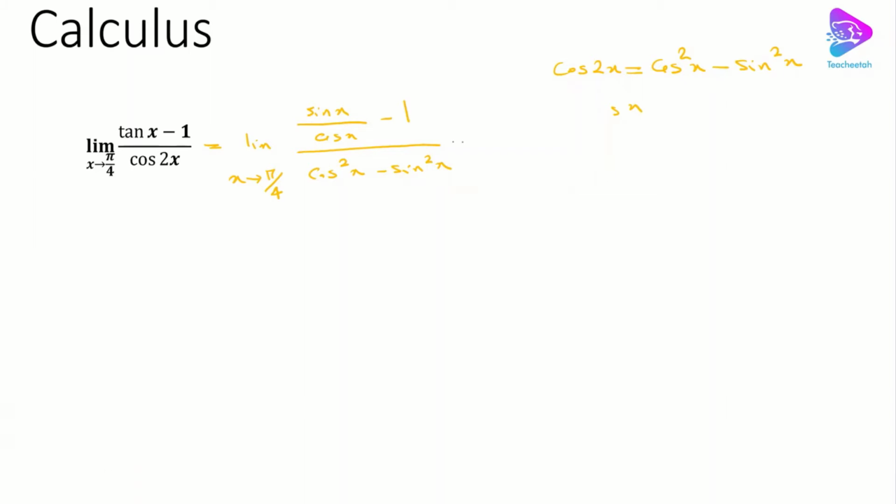So it's going to be the limit of sine of x minus cos of x over cos of x, and then here we will have cos squared x minus sine squared x, with x approaching pi over 4.